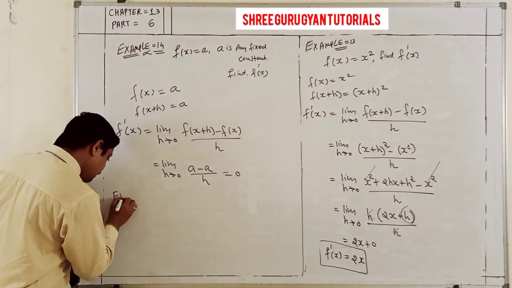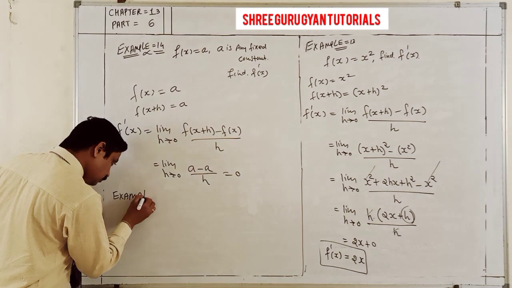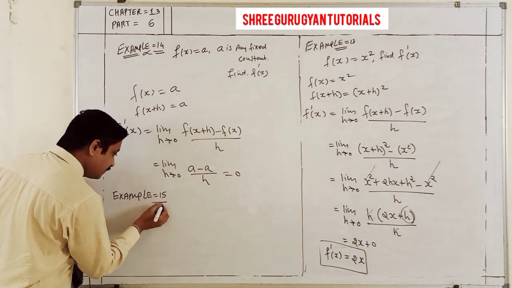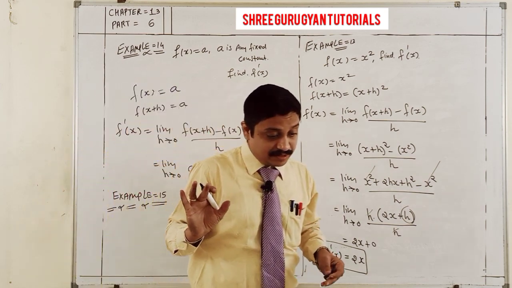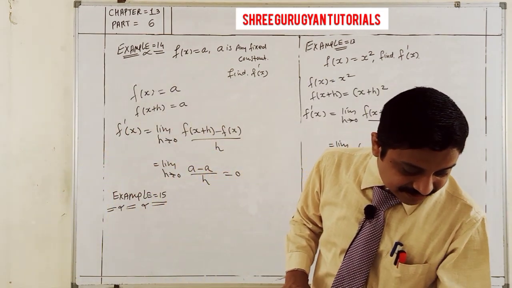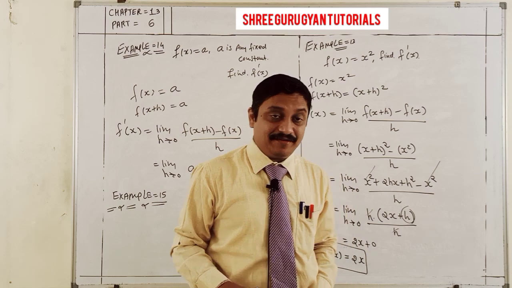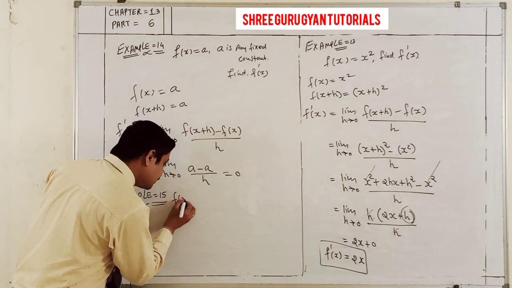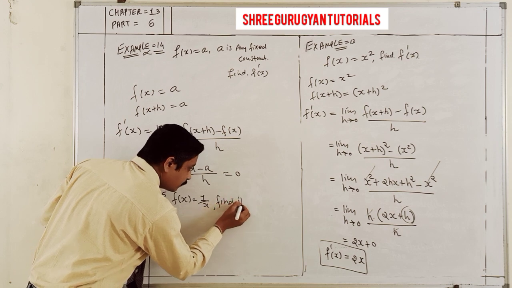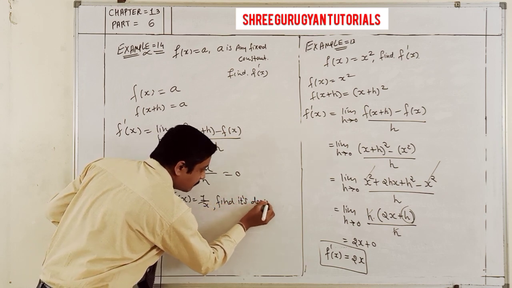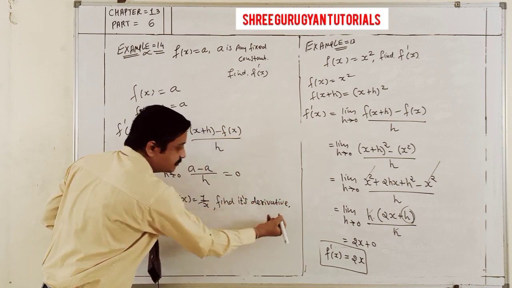Now continue with example 15. And the question is there again: given f(x) is 1 by x, find its derivative with respect to x.